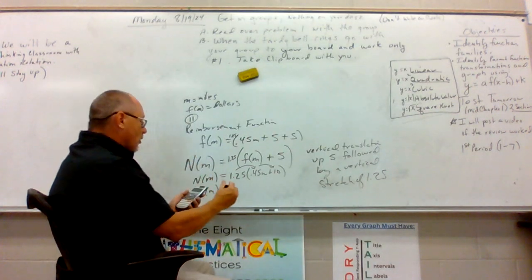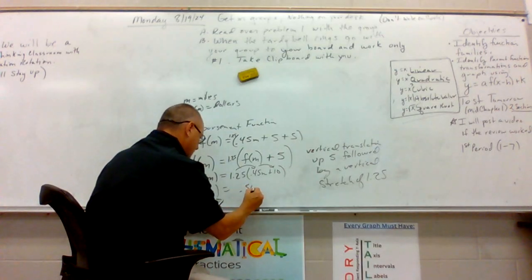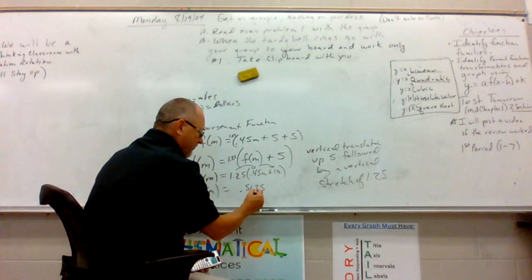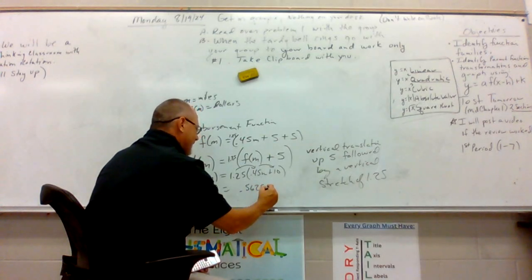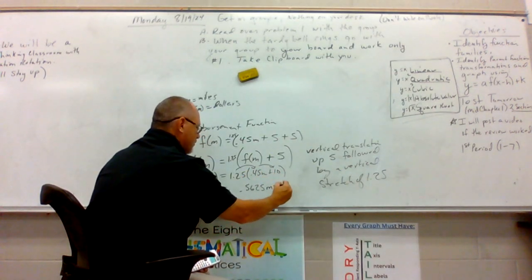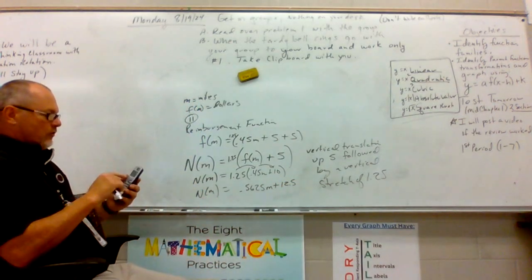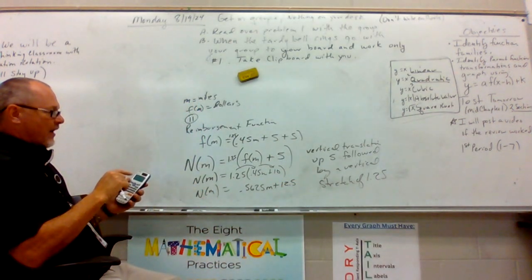Now it's money, but I'm going to go ahead and put it as 0.5625. You're going to have to round to money anyway, so you probably could do 0.56, but I'm going to leave it like that. m plus, if I multiply 10 by 1.25, that's 12.5.